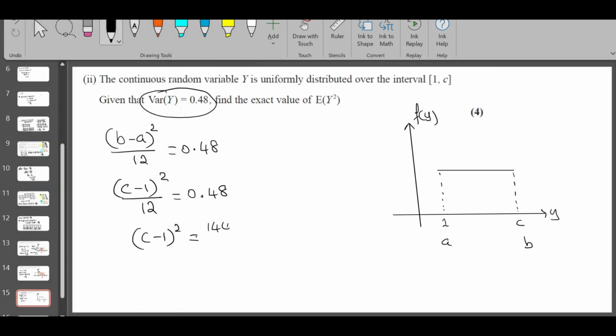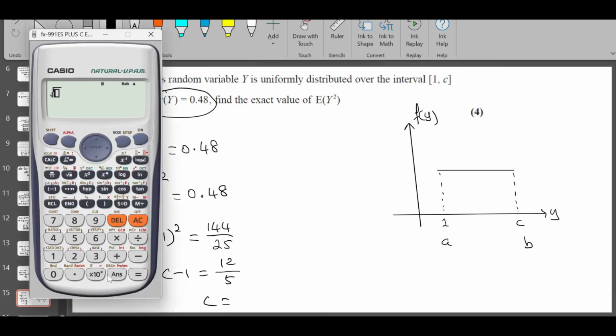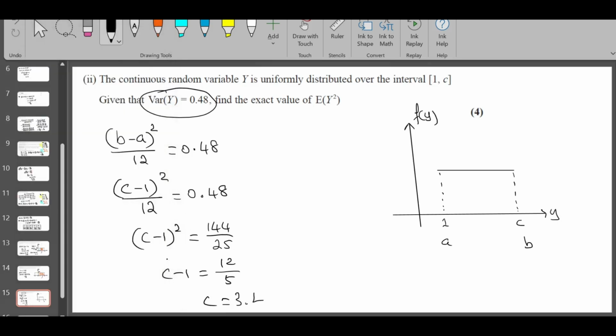That's 144 over 25. c minus 1 is the square root of this, which is 12 over 5, right? Because 12 square is 144, 5 square is 25. c is the square root answer plus 1. That's 3.4. This value is 3.4.